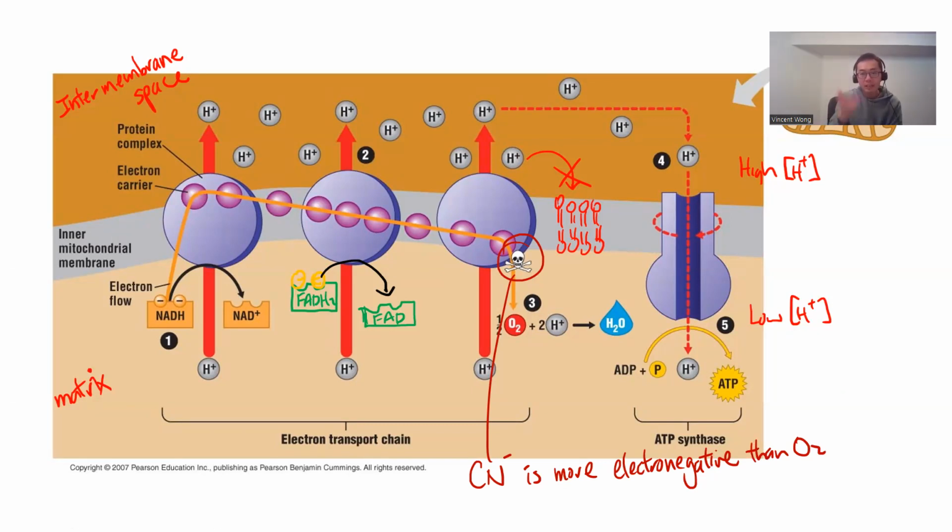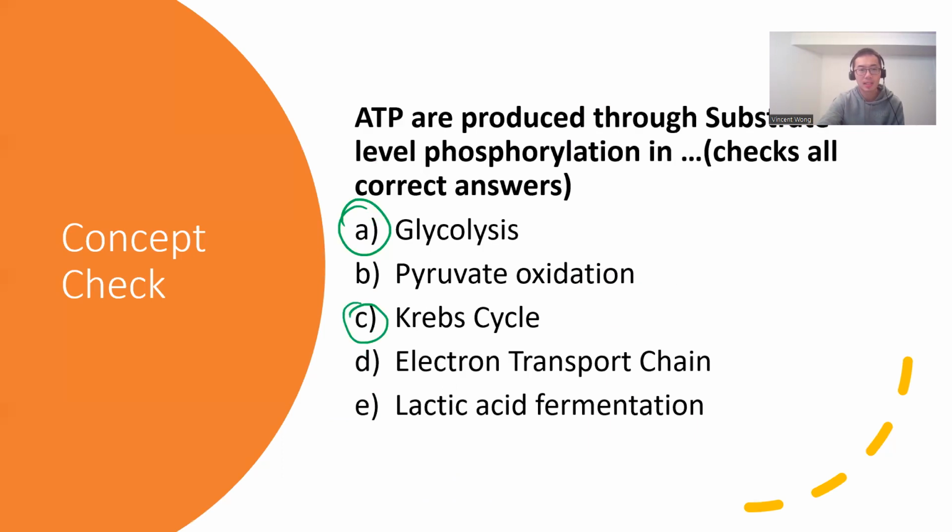It likes electron even more than oxygen. So with cyanide stuck to one of these proteins in the ETC, even when the oxygen comes, it's not able to remove the electron from the ETC, right? Because it's glued to the cyanide, which in turn is stuck to the protein. So then the ETC gets clogged up again. You're not producing ATP. We die. Okay, so these things are very poisonous.